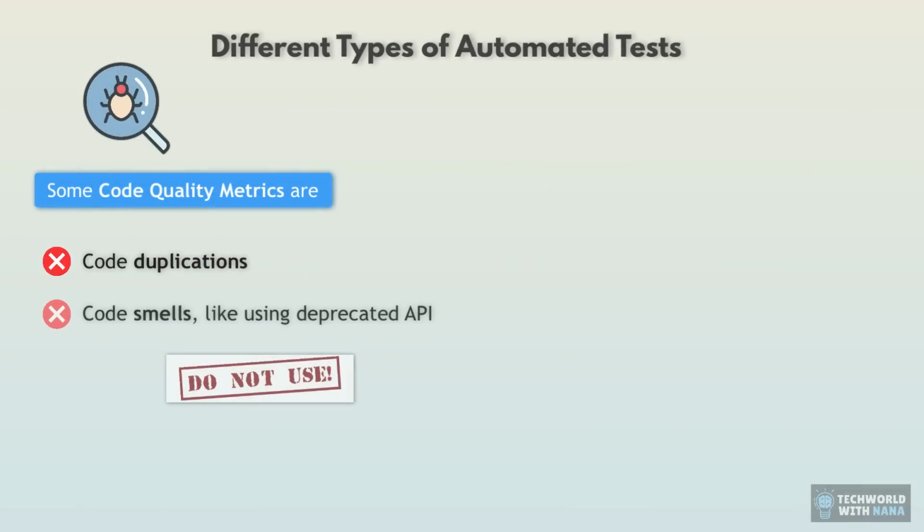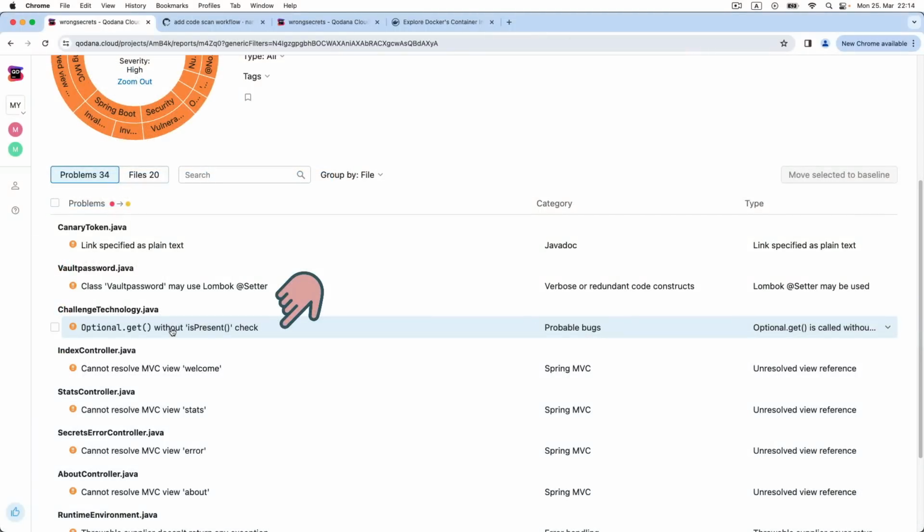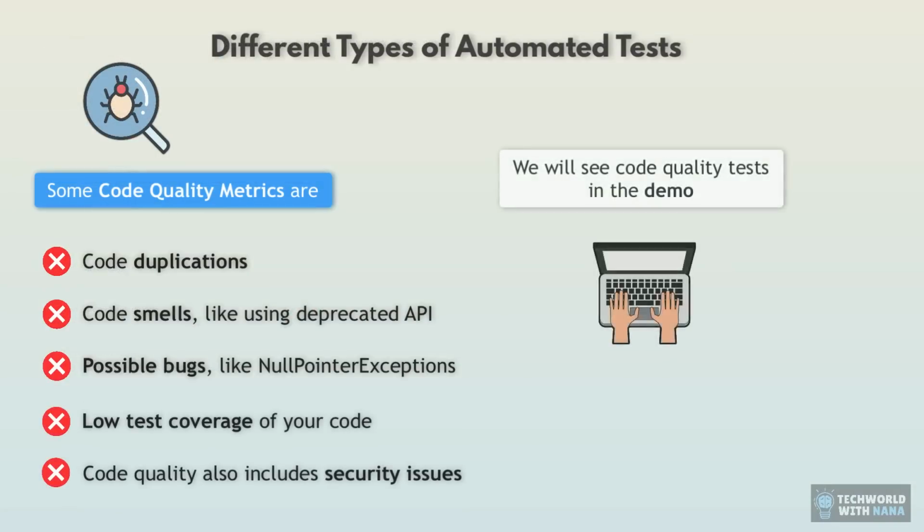Or maybe you are using old APIs, old library versions. Maybe you have introduced risk for null pointer exceptions in your Java application. Maybe you don't have a good test coverage for your code. So these are the tests for your code quality. And the code quality test is what we're going to see in the demo in this video using Qodana, which is super easy and a really good tool to validate various aspects of your code.